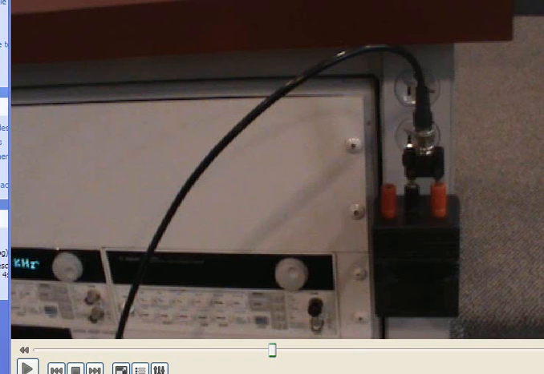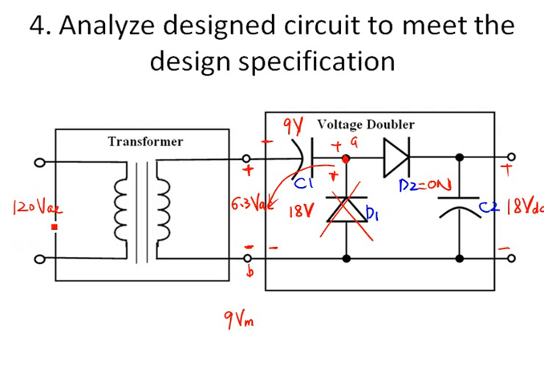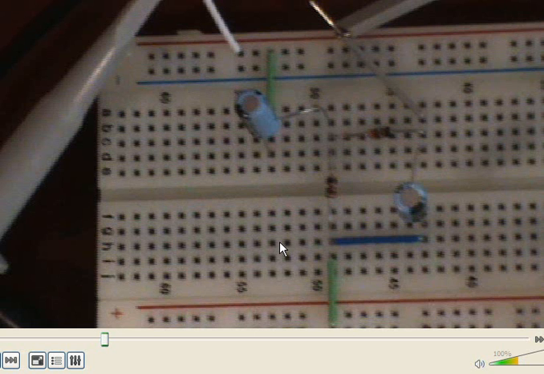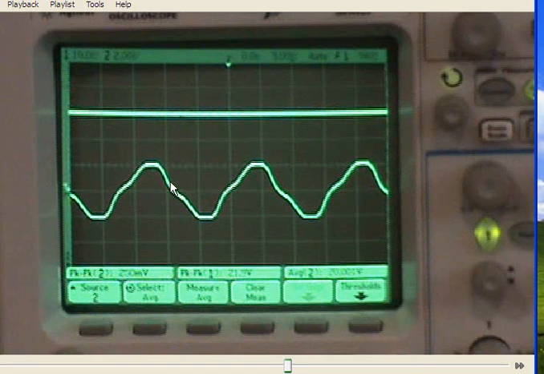So let's show the output of the voltage doubler on the oscilloscope. We show both the input to the voltage doubler and the output of the voltage doubler on the oscilloscope. The bottom waveform is the input to the voltage doubler. That is an AC signal.